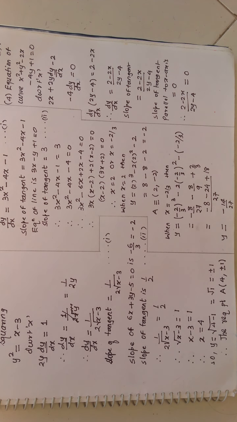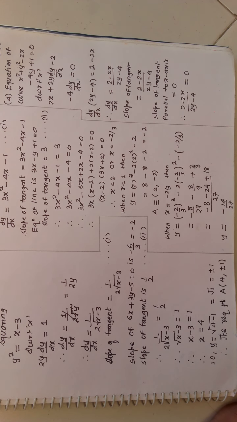Now when is this going to become 0? This is going to become 0 only when the numerator is 0. The denominator must compulsorily be non-zero. That is, 2y minus 4 must not be equal to 0, so y cannot be equal to 4 by 2.